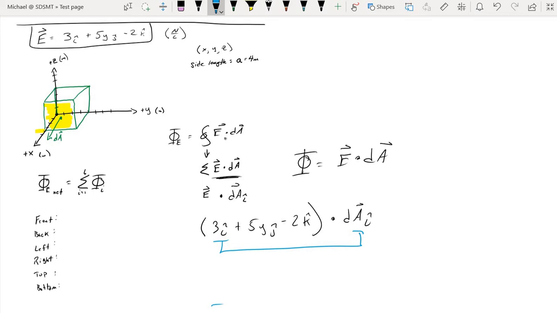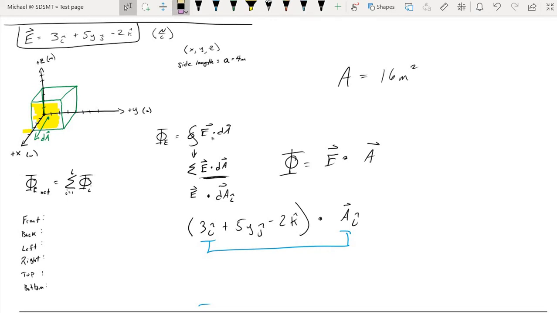So we have 3 i hat dot dA i hat, which actually we don't even need dA anymore because we know what the dimensions of each face of the cube are. We can say right now that every face of this cube has an area of 16 square meters. So we can even simplify this even further.